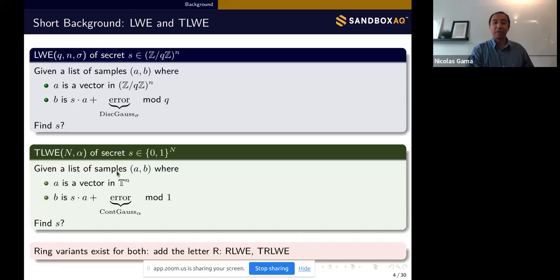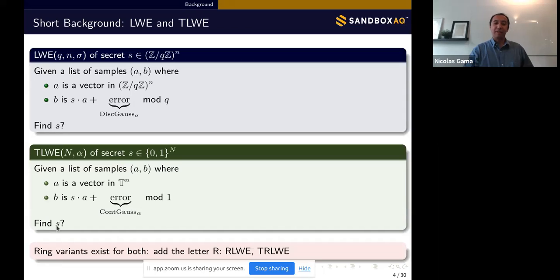Again, we now have only two parameters: n, sometimes referring to the dimension, though I prefer that n refers to the entropy of the secret, the number of bits in the secret, and alpha, that is the noise rate. In the TLWE sample, A will be a vector of elements in the torus, and B will be a single torus element, that is the secret times A plus some continuous Gaussian error modulo 1. And again, the TLWE problem is to find S.